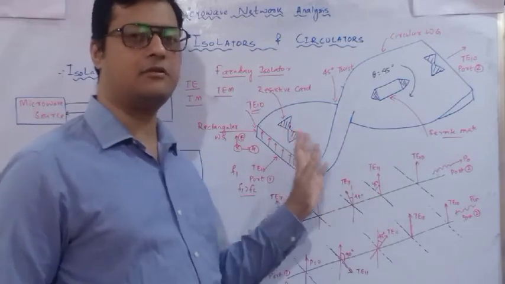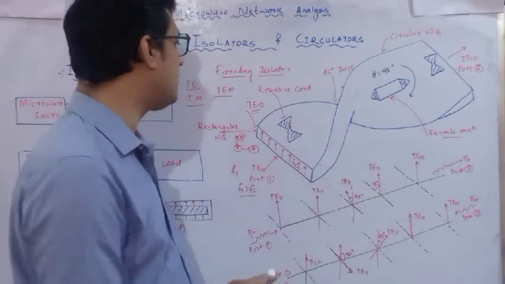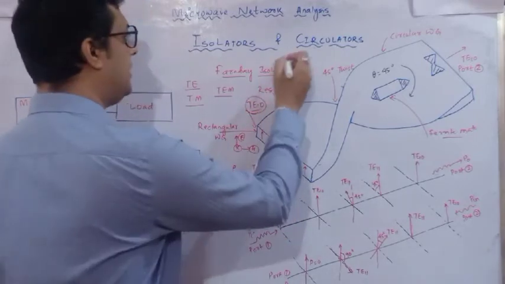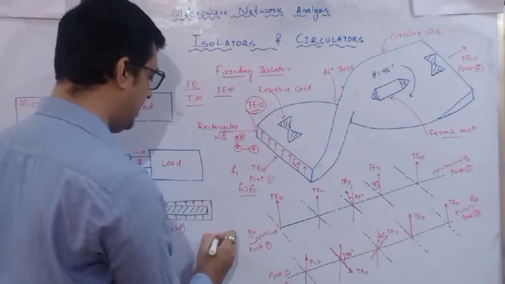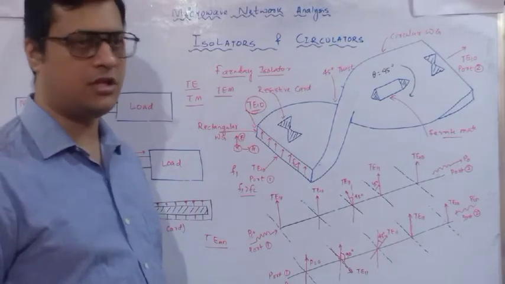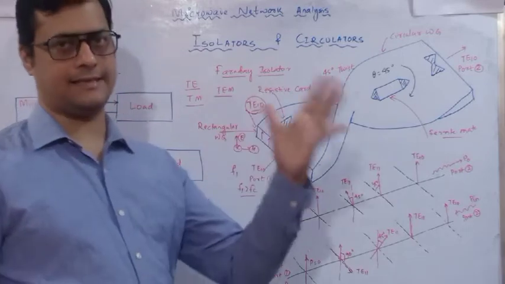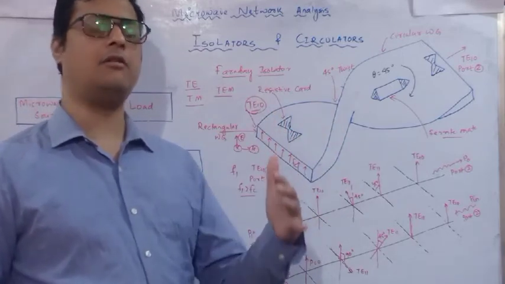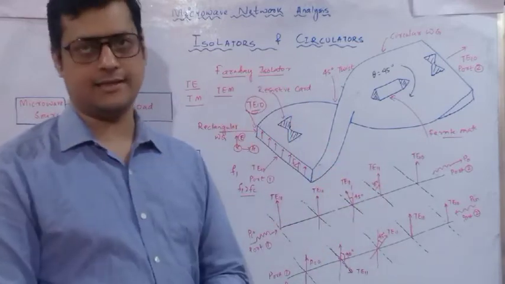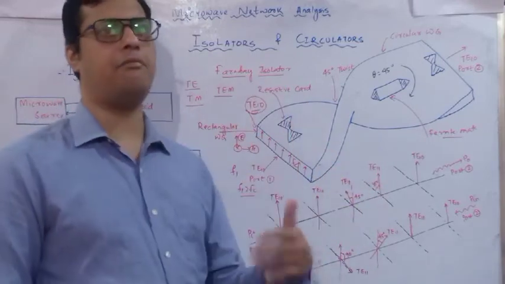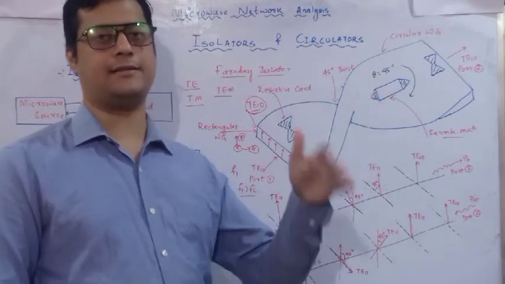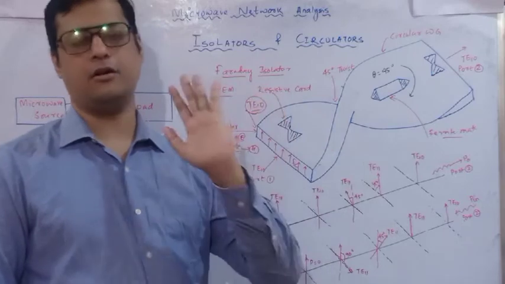So here I have used TE10 mode, which is a dominant mode. Basically we write TEmn, where m and n are the mode numbers. m indicates along the x-axis, n indicates along the y-axis, and the total wave is propagating along the z-axis. m and n are the number of half-wave variations along the x-axis and y-axis.